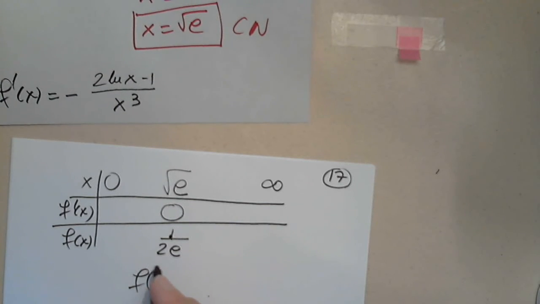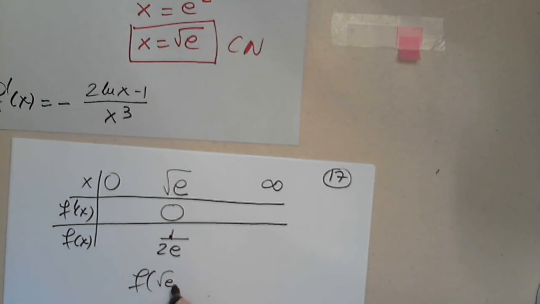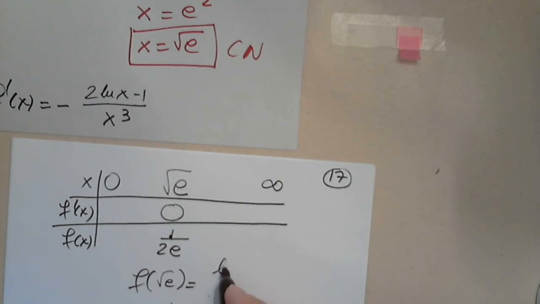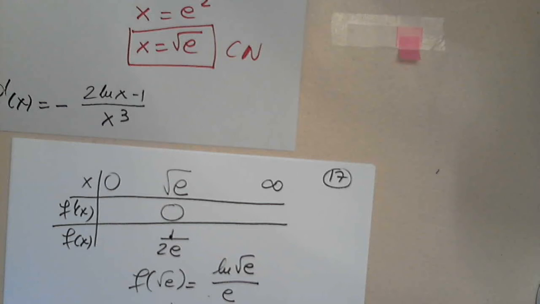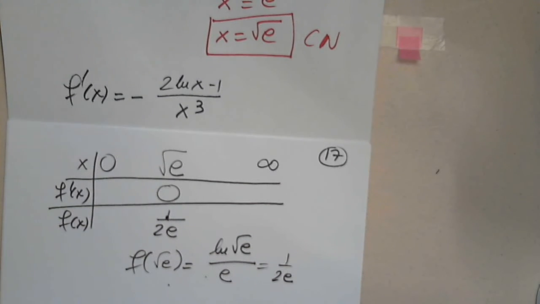So f, let me write it for you. F of the square root of e equals natural log of the square root of e divided by e. But this is 1/2. And I will know what type of point this is once I have the signs here.